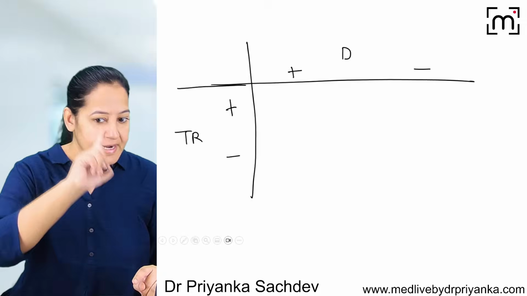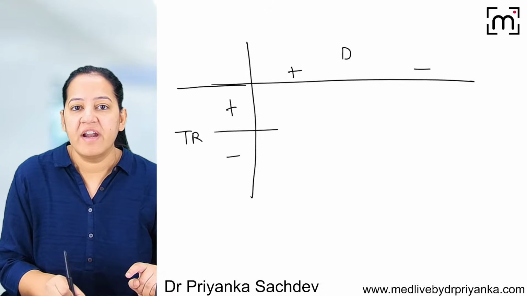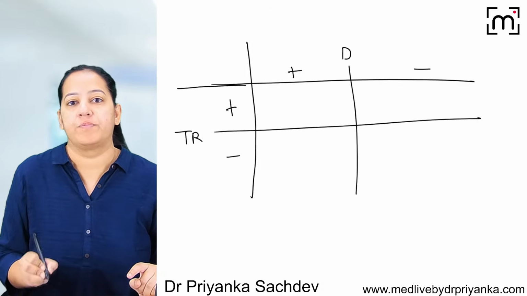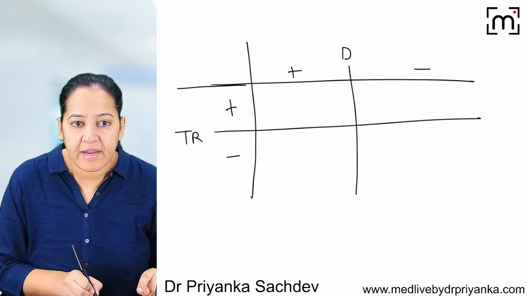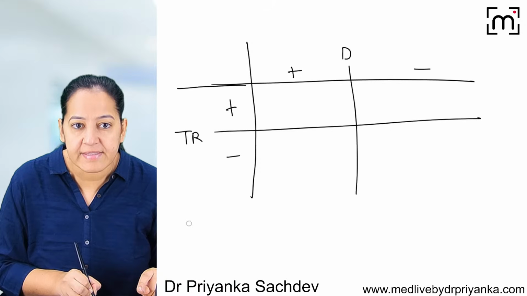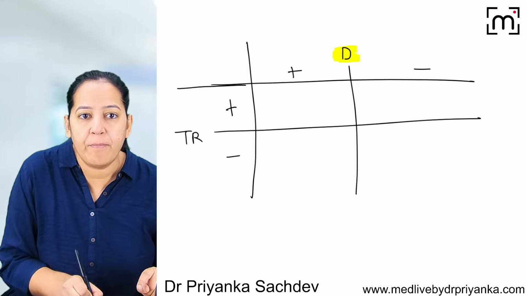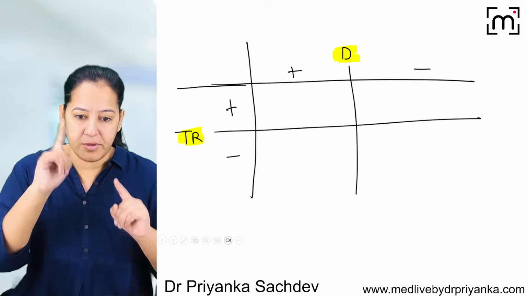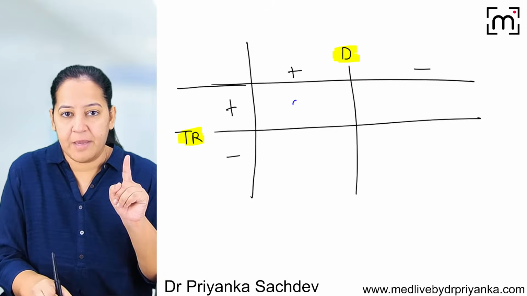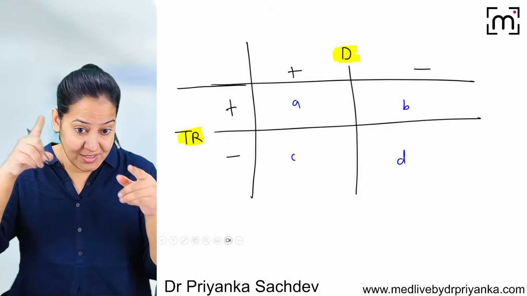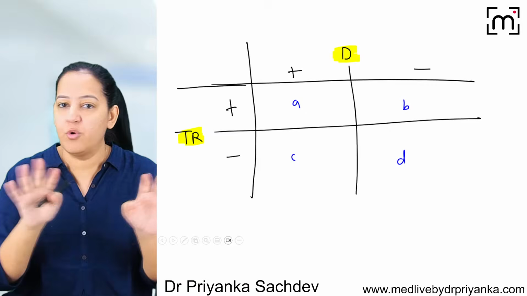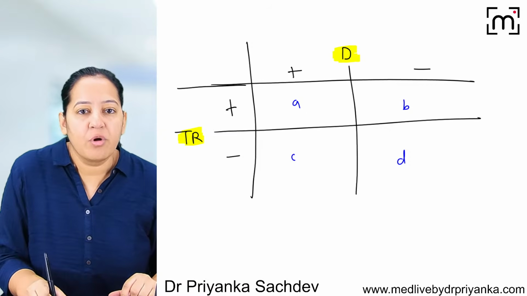We are dividing the people into 4 groups, and the 4 groups are in front of you. You can see the disease at the top and test result at the left. Positive, negative, positive, negative. Call them A, B, C, D. The point is that you don't change the orientation and layout. If you don't change it, you can learn ABCD. A is always true positive.